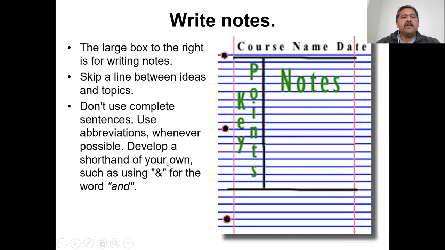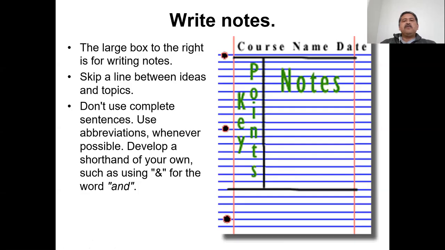Develop a shorthand of your own, such as using ampersand for the word and, but you could say B/W for between. You could use arrows going up for increase or down for decrease.